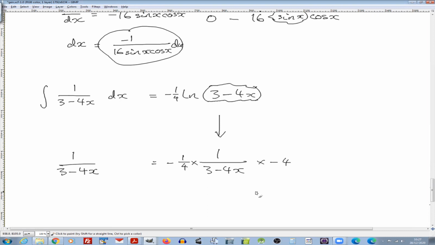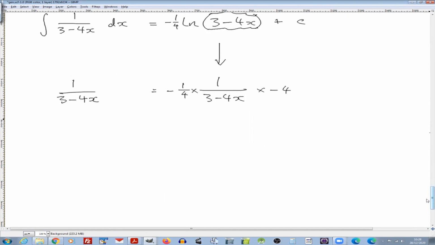And now we've restored the lower level to exactly what we were trying to integrate. The equal sign is true again, isn't it? So there's your answer: minus 1/4 ln of 3 minus 4x, plus C. That's what you want to be thinking.